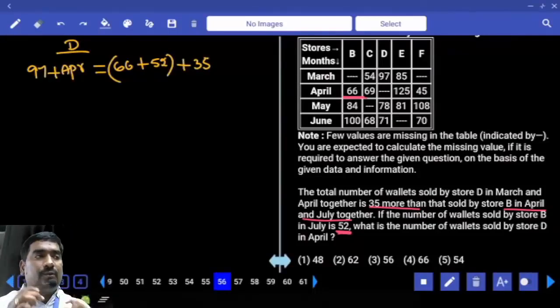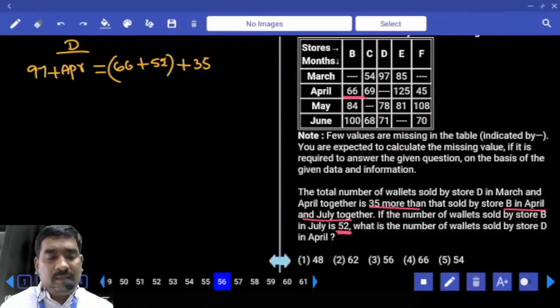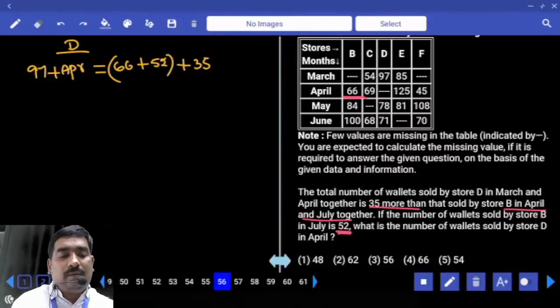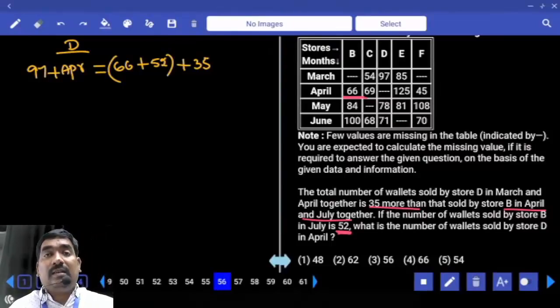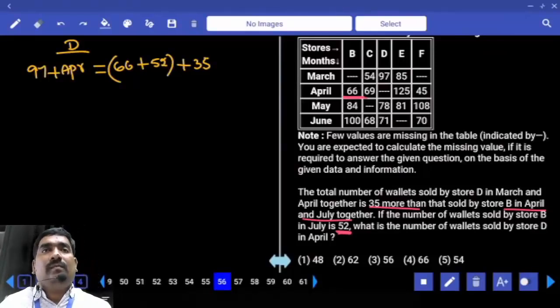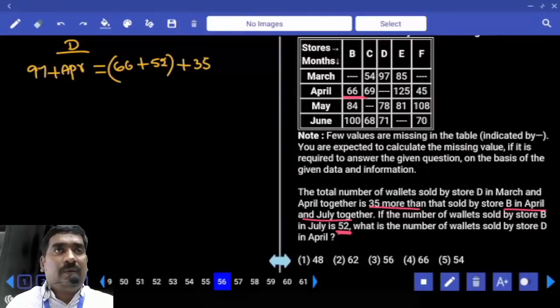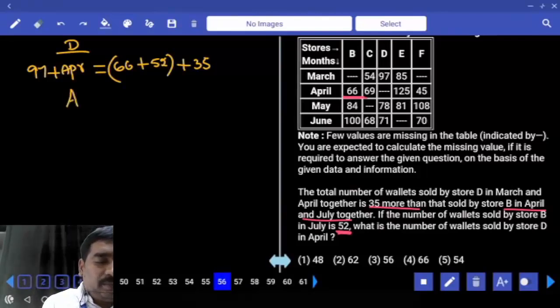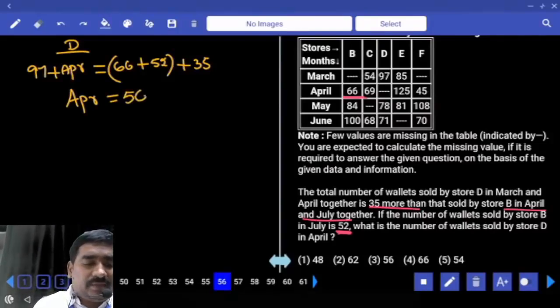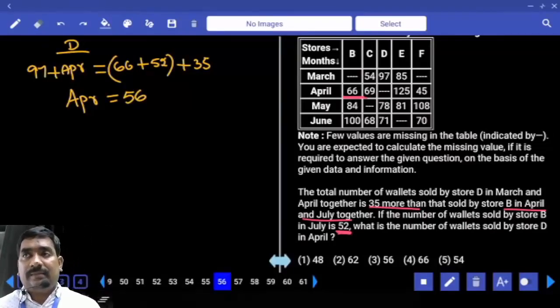We are asked to find store D in April. What is 66 plus 52? 118. Plus 35 is 153. April is 153 minus 97. What is 153 minus 97? 56 is your answer.